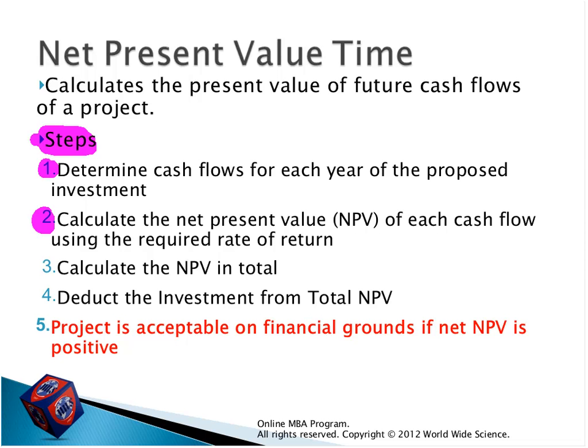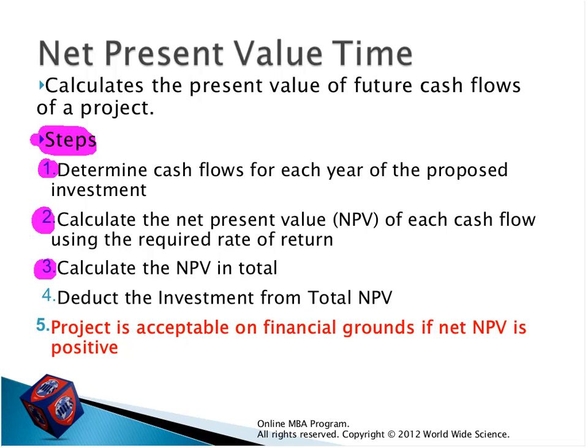Then the third step: calculate the NPV in total. We summarize all our present values of the cash flows overall. In the example, we had 3 years of cash flow statement, so we summarize the cash flow over the 3 years.